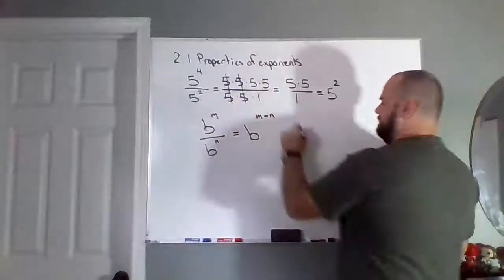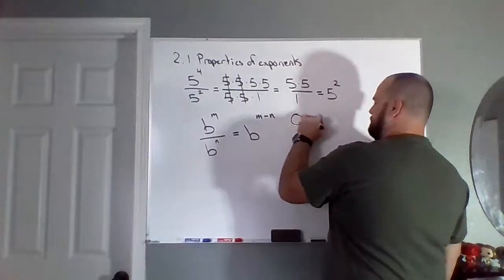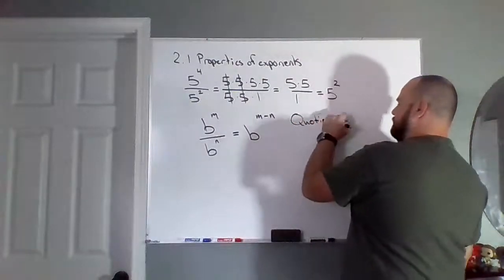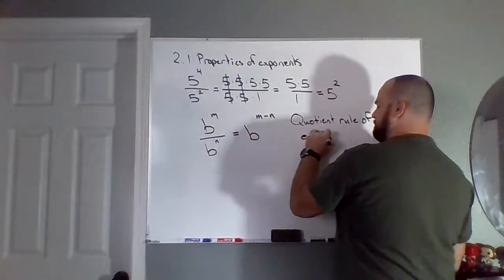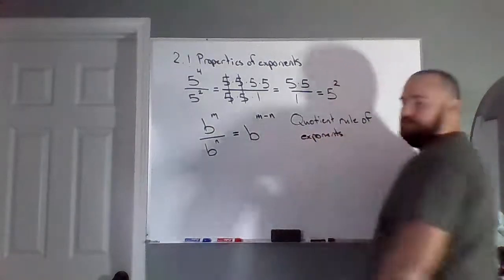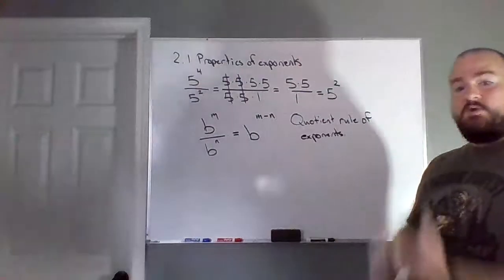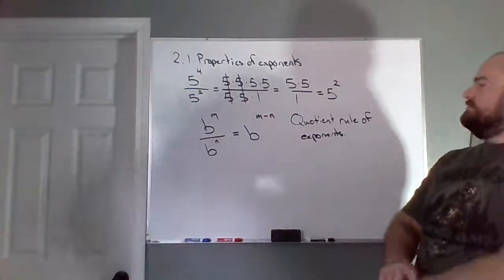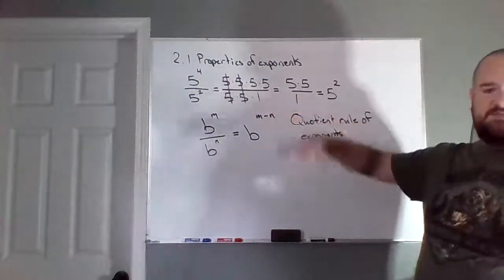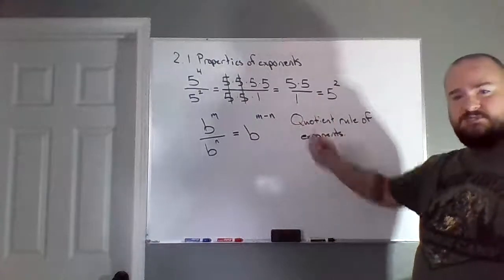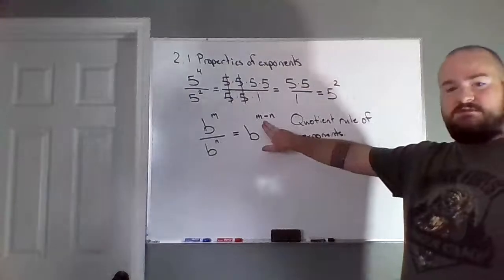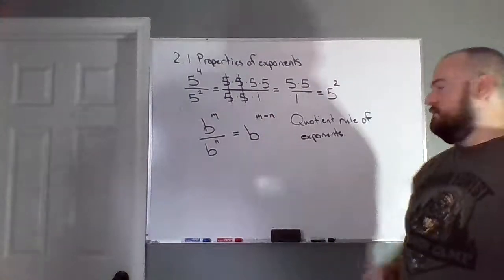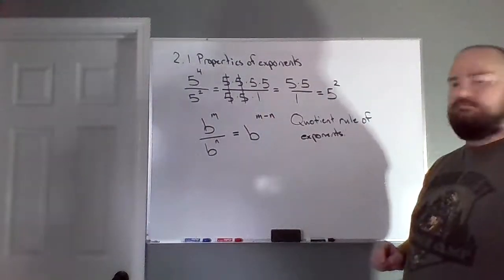And this is called the quotient rule of exponents. Okay? So quotient, division. So if we are dividing a base raised to a power by that same base raised to another power, we can combine those exponents by simply subtracting the denominator from the numerator. Okay? It's pretty nice, right?